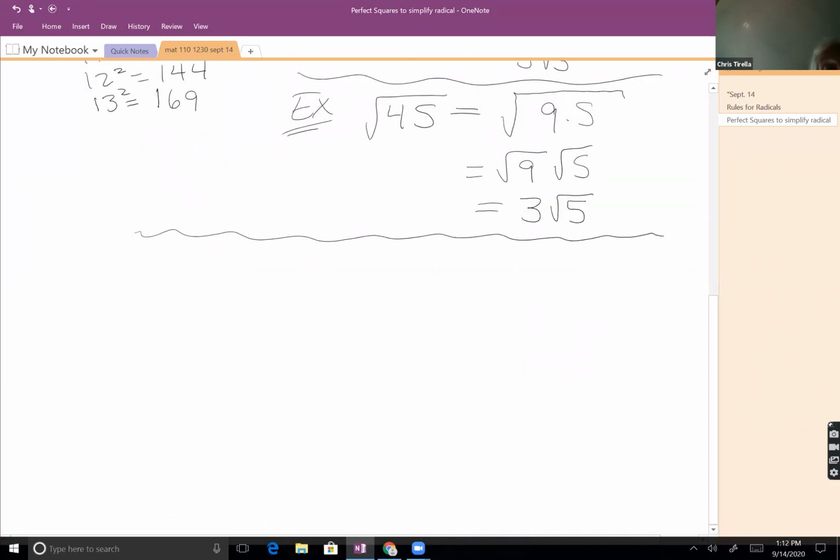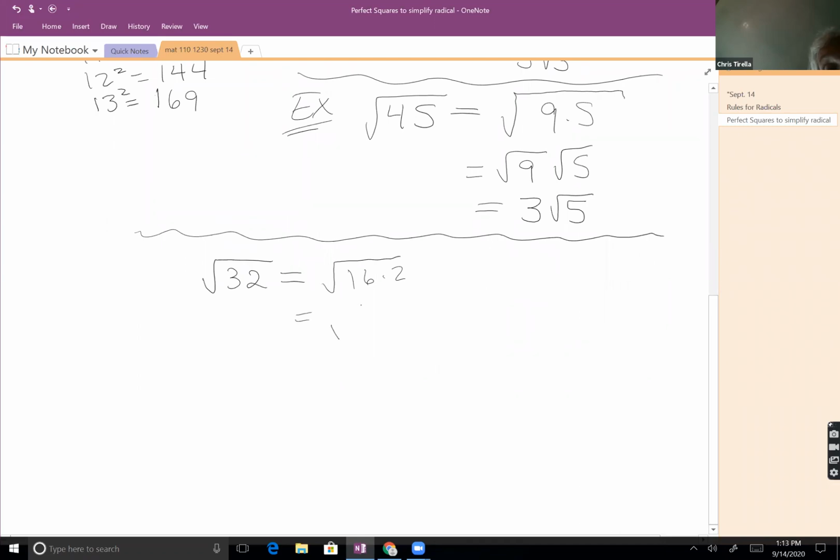Next one, I want to look at a couple of ways. If I say the square root of 32, what numbers can you folks think of that multiply to 32, where one of the numbers is a perfect square? 16 times 2, and 4 times 8. Okay, I heard two answers. Let's do the 16 times 2 first.